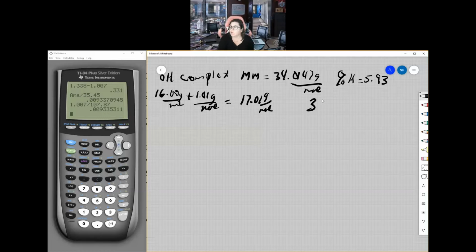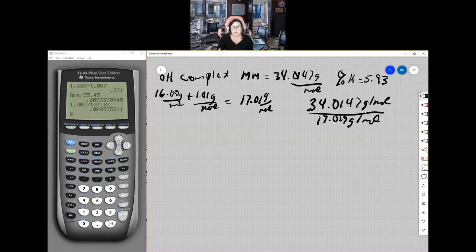I take the 34.0147 grams per mole, and I divide that by the 17.01 grams per mole. Now, what am I doing and why? So I took the empirical formula, and I found the mass for that. That's that 17.01 grams per mole.